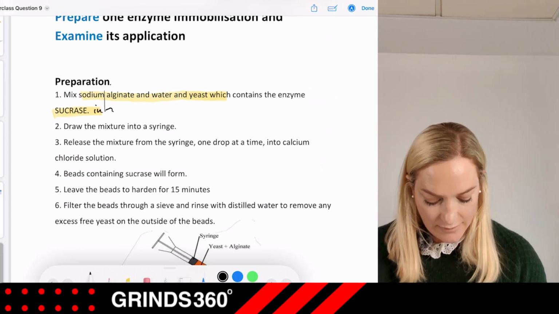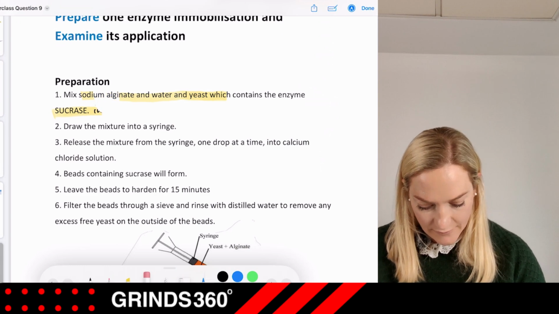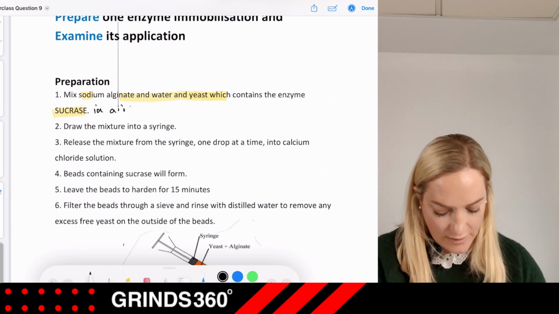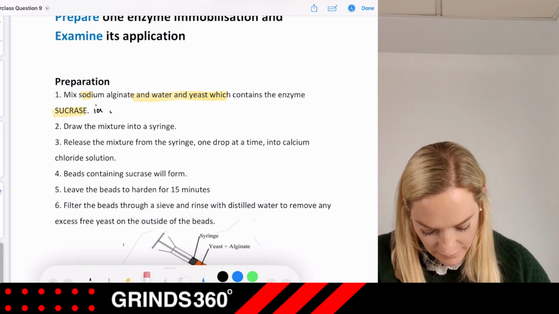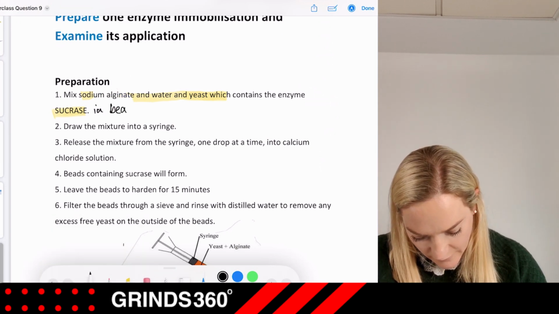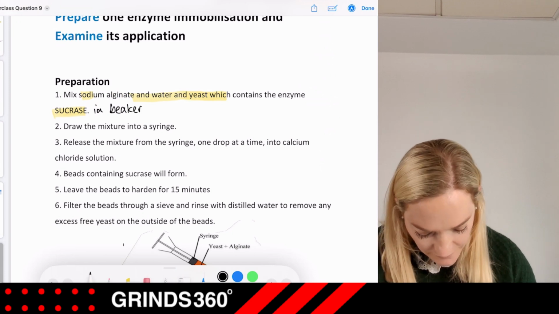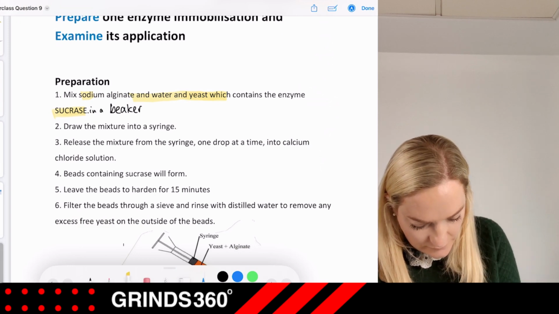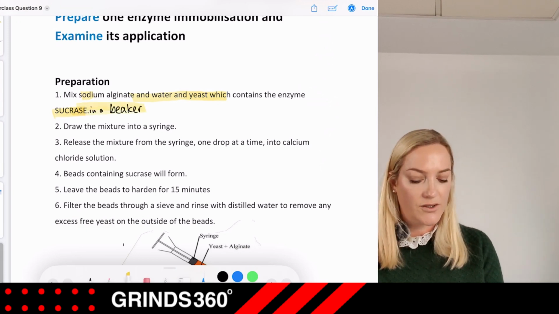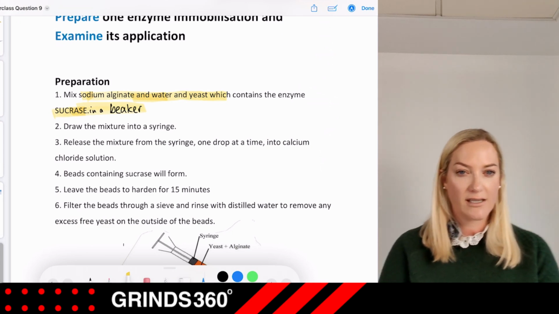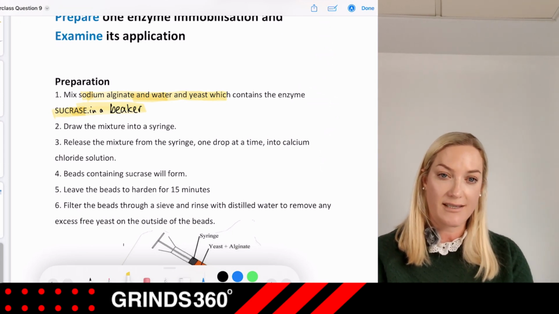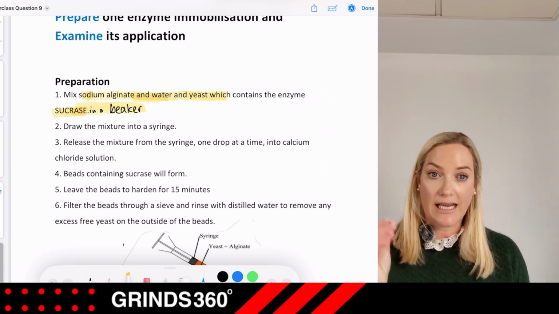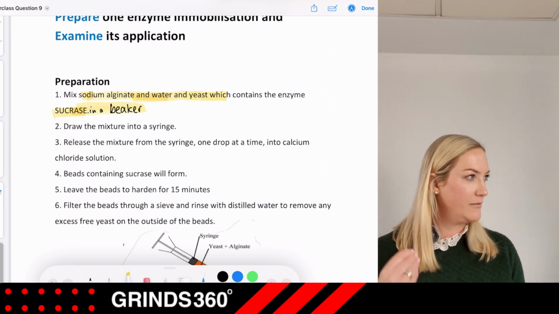In a beaker. So in the summer, students got a mark for mentioning a piece of apparatus somewhere in here, but we wanted to see sodium alginate, water, and yeast first to get the 3 marks that were there.